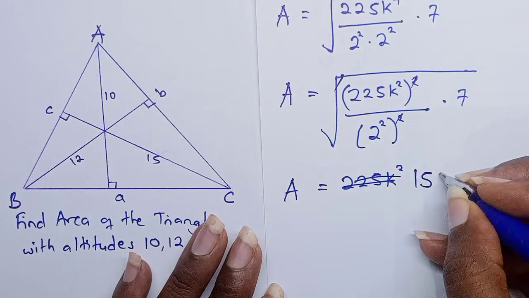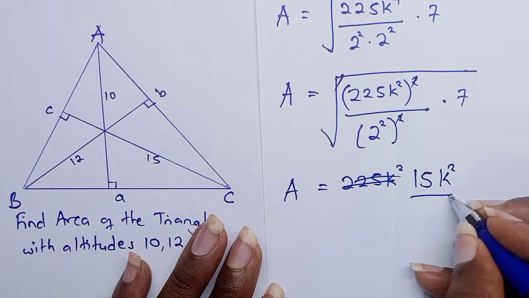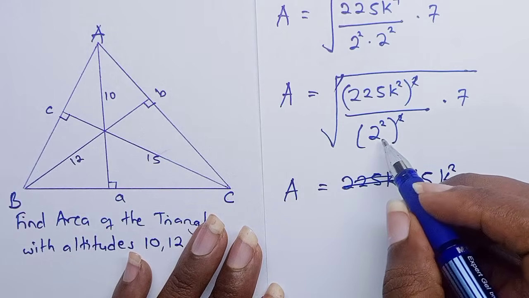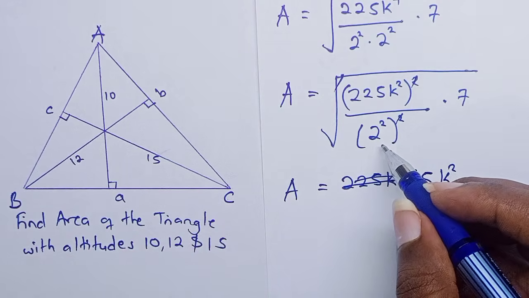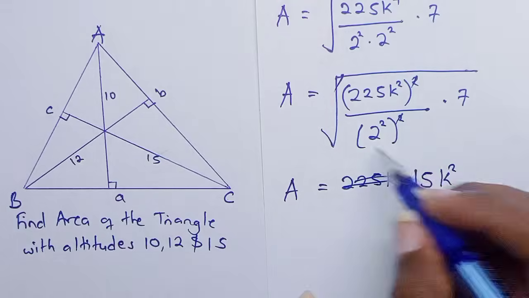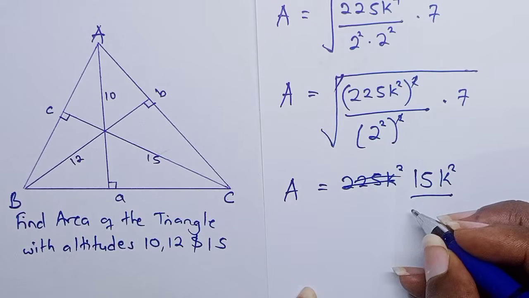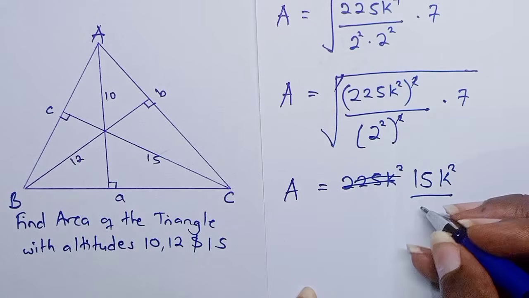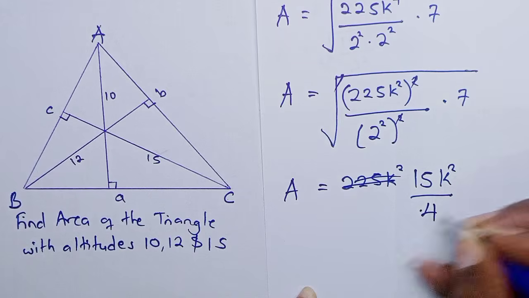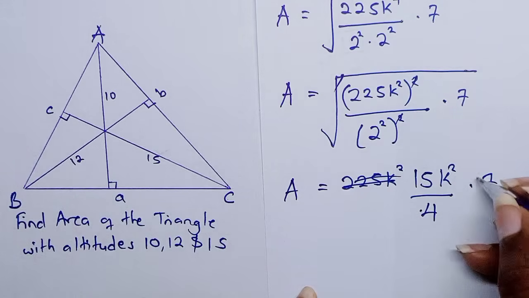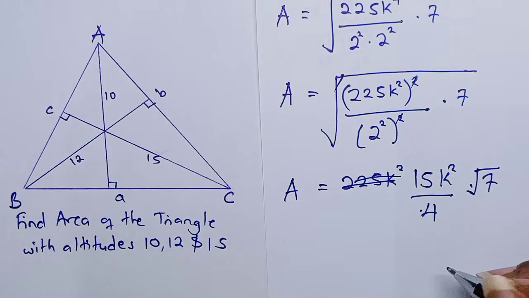So this would be 15K squared over square root of, we've already found square root of this, so this would be 4 times square root of 7.